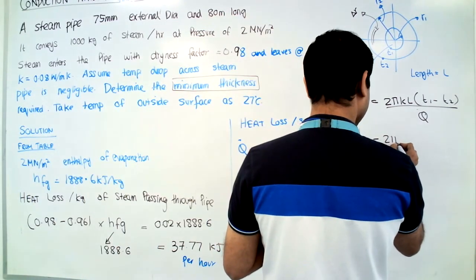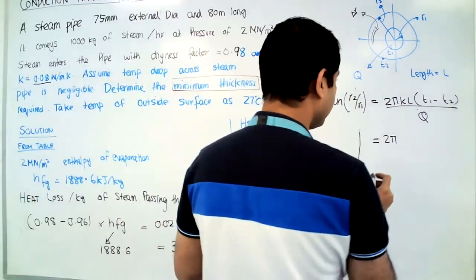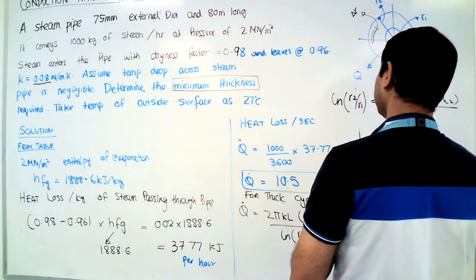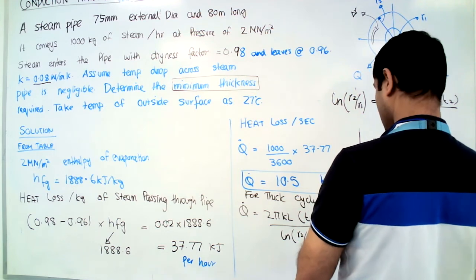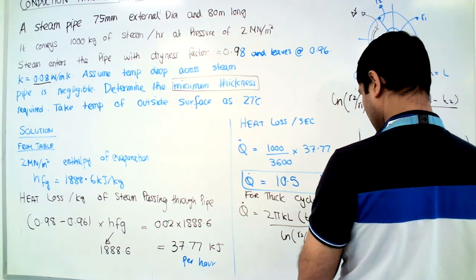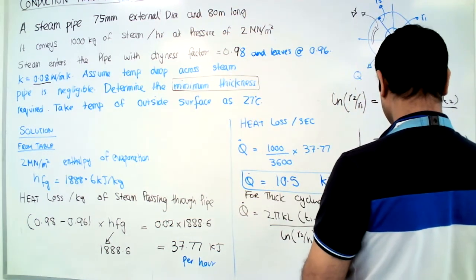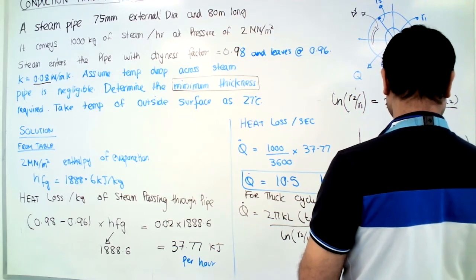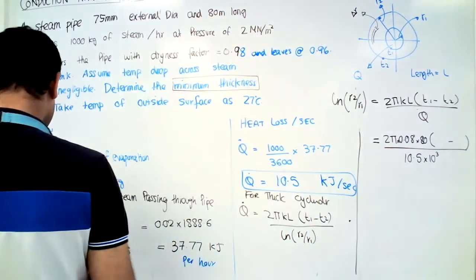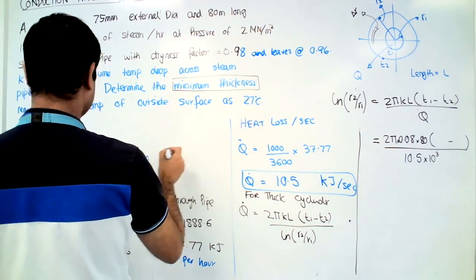Q is 2, pi is pi, 0.08, 0.08, and L is 80. Now what is T1, T2? I'll put that in a minute, and the Q is 10.5 kilo. Now T1 and T2. T2 is that value.